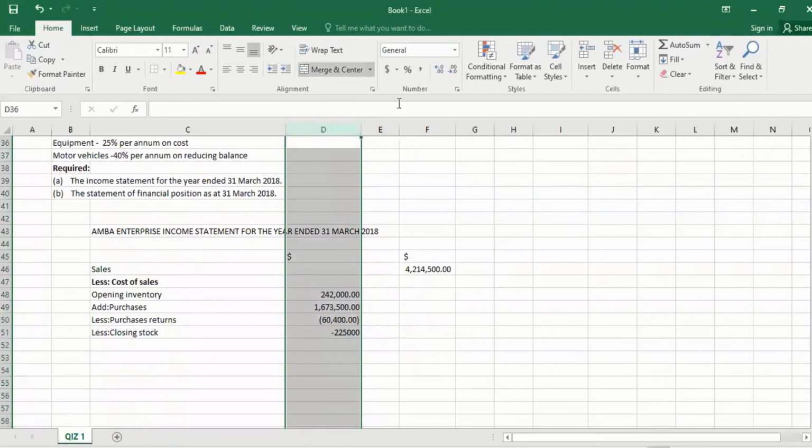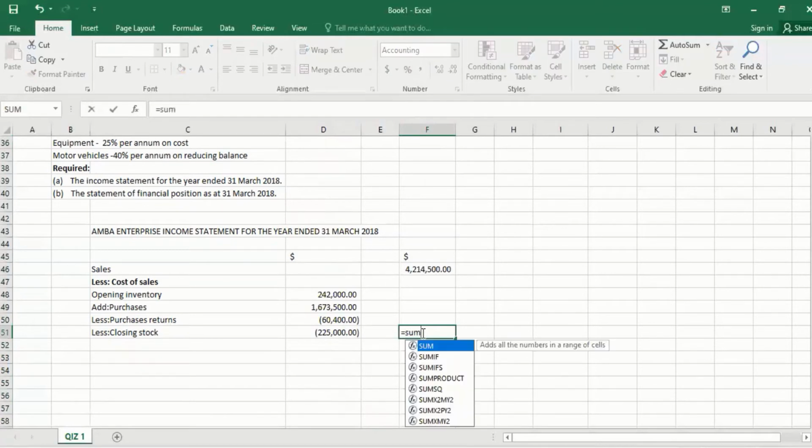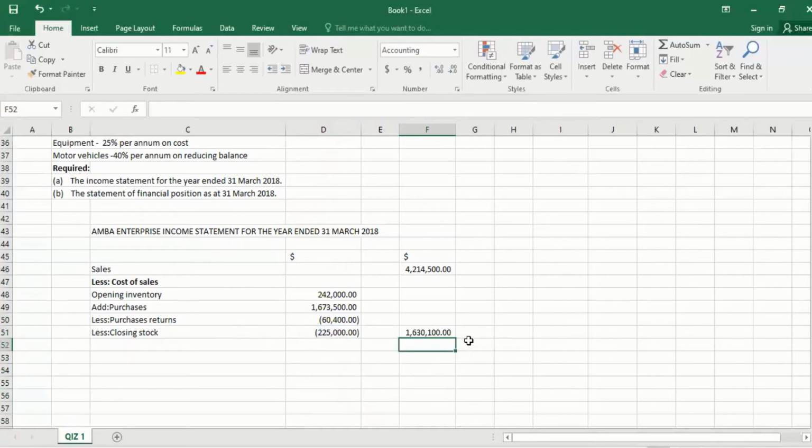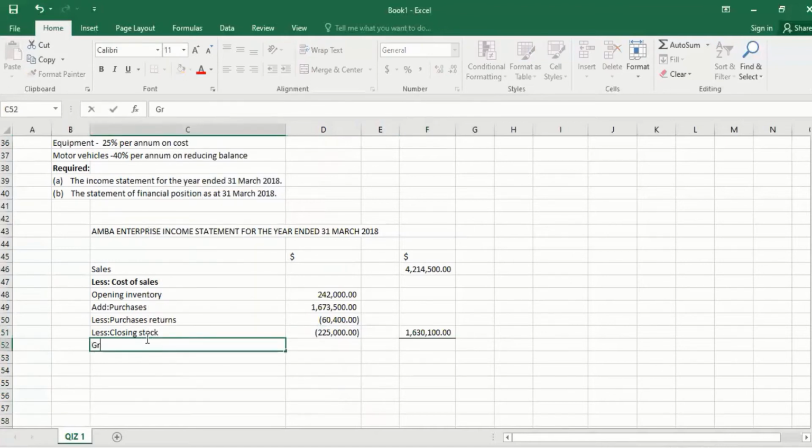I think with this one you can use the accounting format, so that it works better for us. So I need to get the sum of all this, and the sum of all this is going to give me 1,630,100. Then I need the gross profit for that.